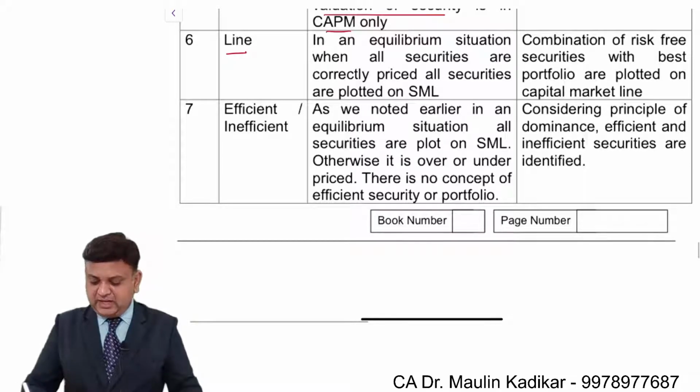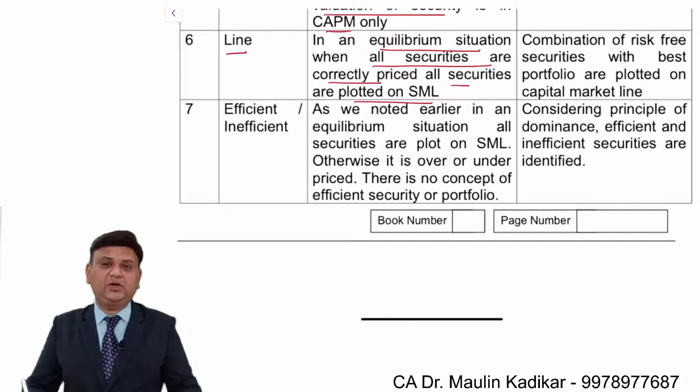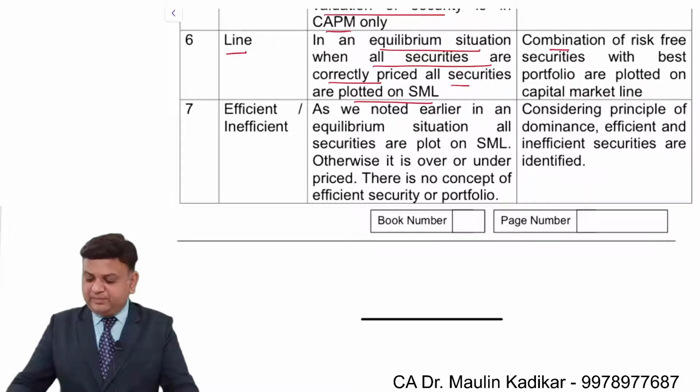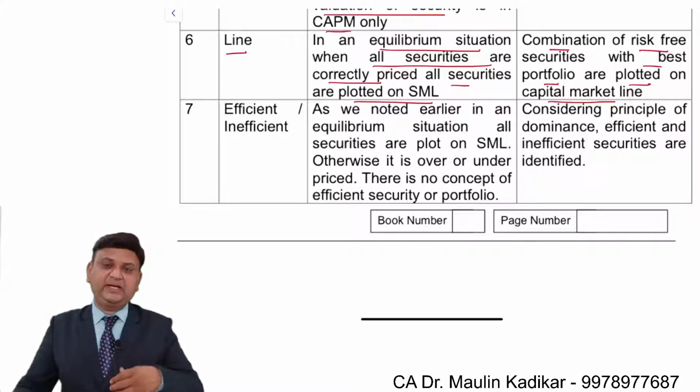Line: in an equilibrium situation, when all securities are correctly priced, all securities are plotted on the security market line. Recently we have seen the security market line. The combination of the risk-free security with the best portfolio is plotted on the capital market line.